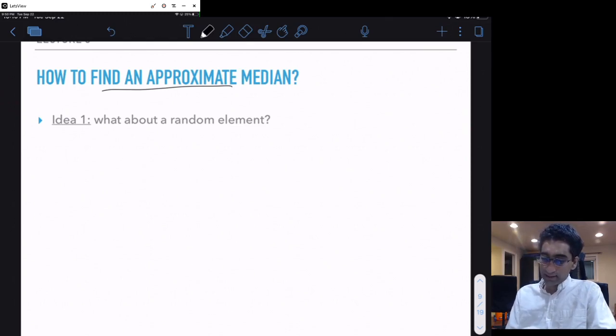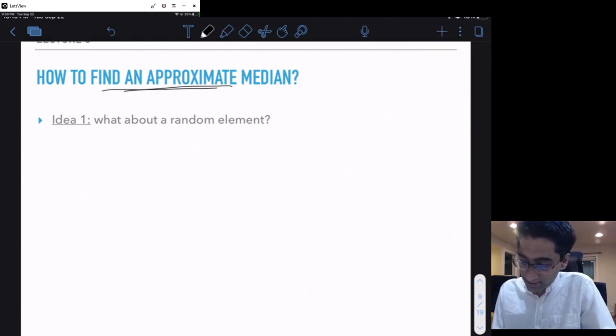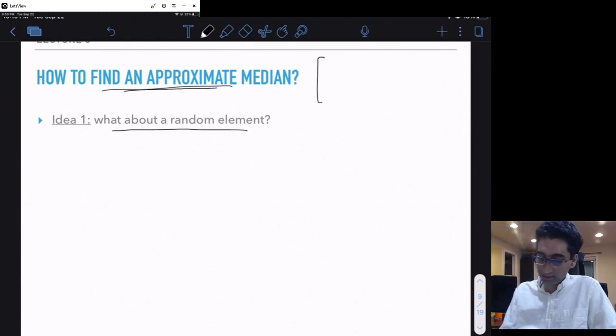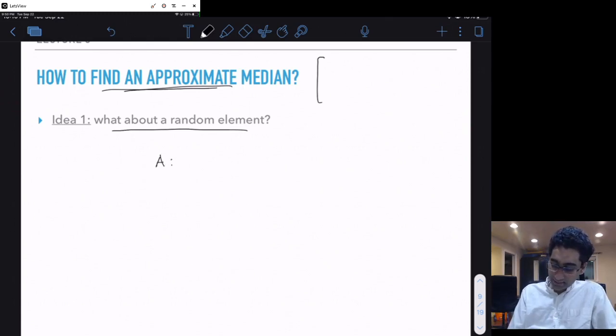Now the goal of this section is to analyze: what would a random element do? If you think about it, the approximate median problem is a reasonably simple problem. I have this array A, and it's unsorted.